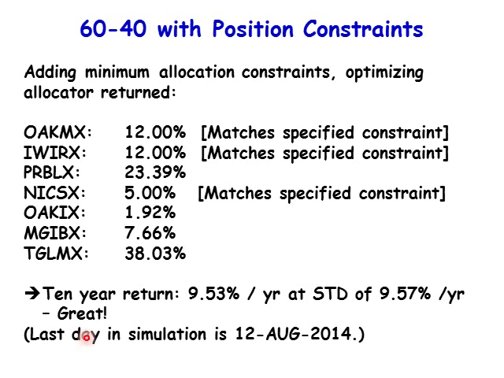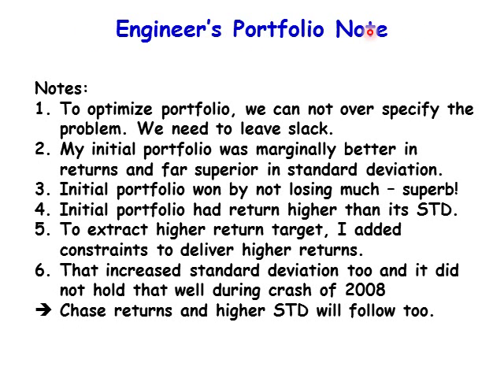And these results are from the simulation as of 12th August 2014. Okay, let's continue. So let's give some notes here. To optimize a portfolio, we cannot over-specify the problem. We need to leave some slack. That's the only way the optimizing tool can optimize.